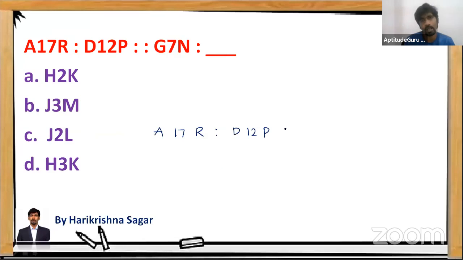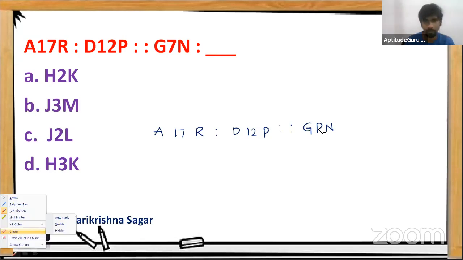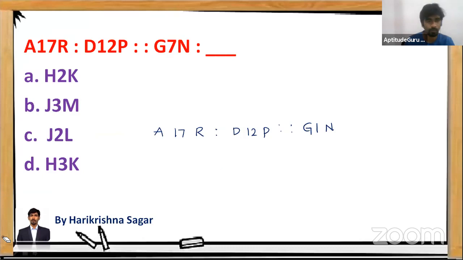You can look at numbers and variables so that we can proceed with the answer choice quickly. So we are able to see G7, N and question mark. Yes, what is the response from the students?